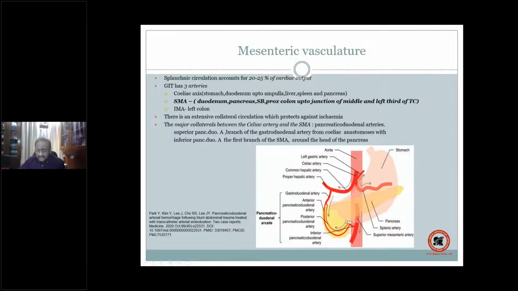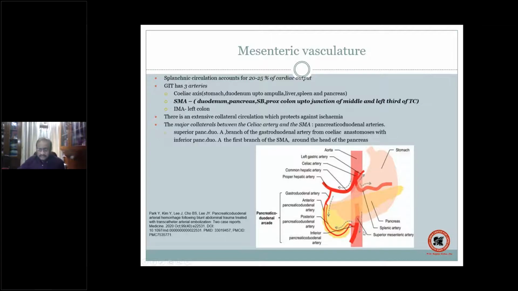So what we are looking at is the collateral circulation between the celiac artery and the superior mesenteric artery, which is lodged around the head of the pancreas in the form of the anterior and posterior pancreaticoduodenal arteries, the superior anterior and superior posterior coming from the gastroduodenal, and the inferior anterior and inferior posterior, coming from the superior mesenteric artery, which anastomose with the respective branches lying superiorly.